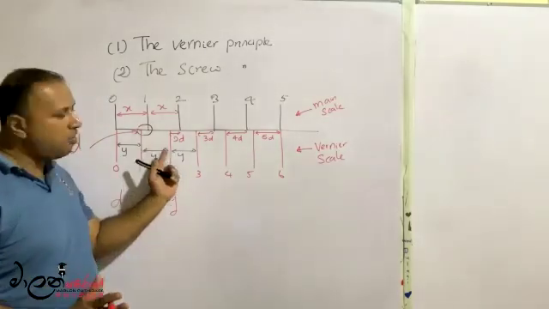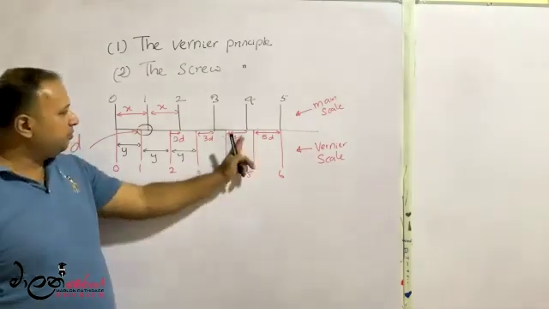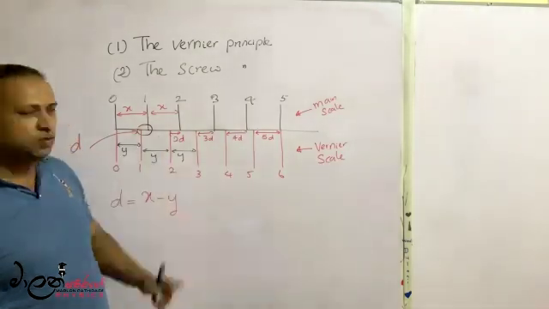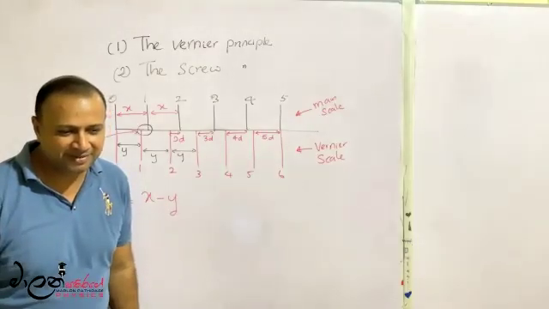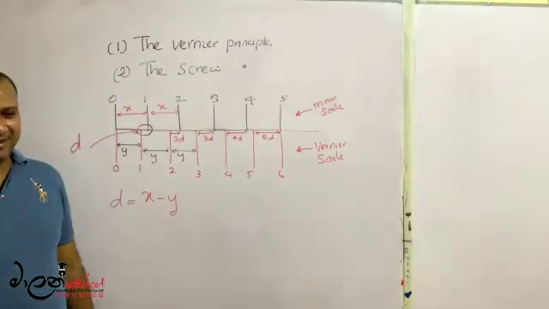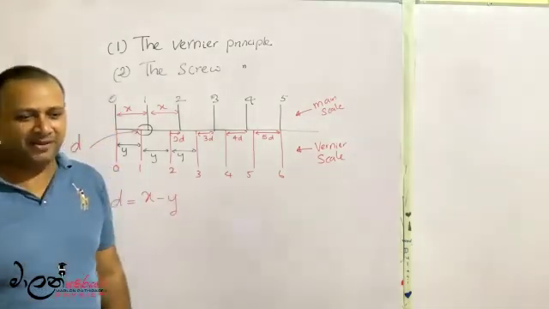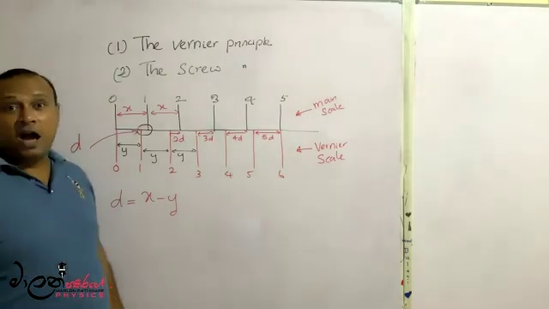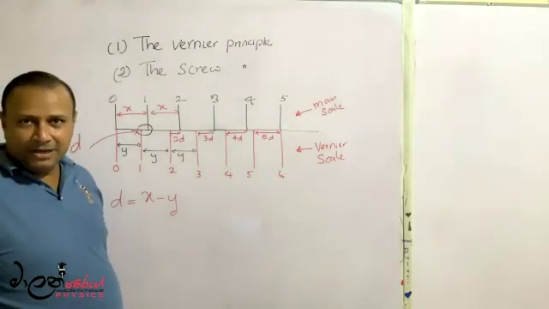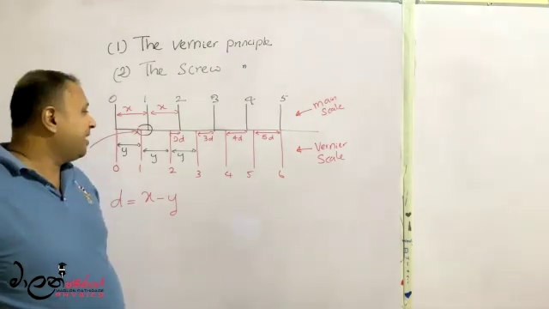Therefore, the smallest gap that can be measured is called D. Whether you measure in between these two or in between these two, it is equal to D. You got my point? Therefore, the least count is D. Therefore, least count of this scale is equal to D, that is the smallest gap that can be measured.